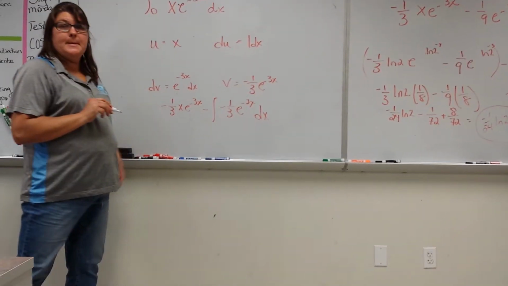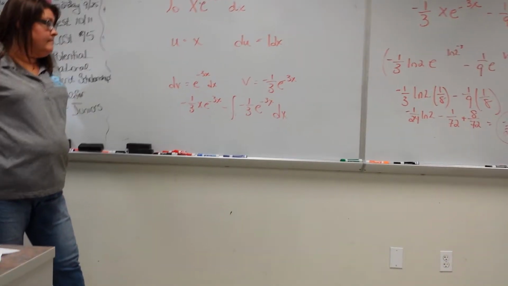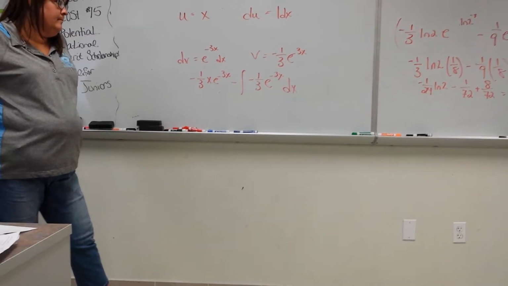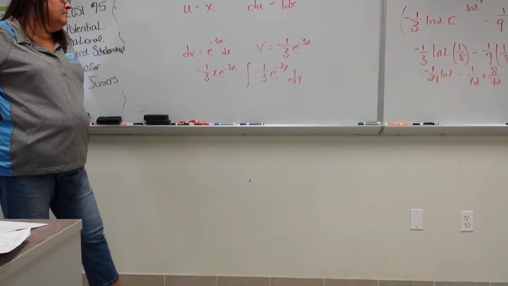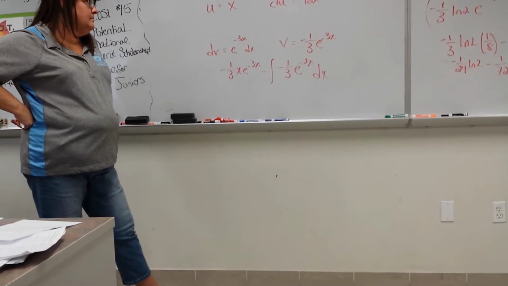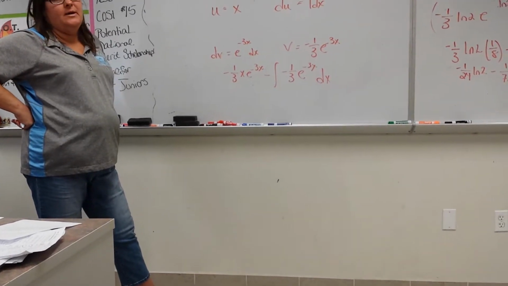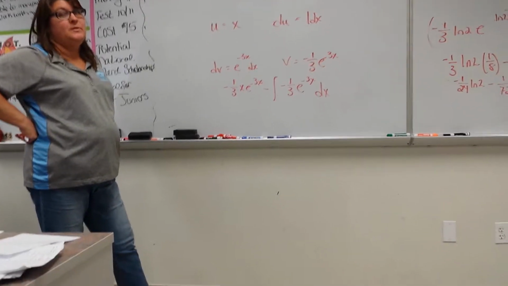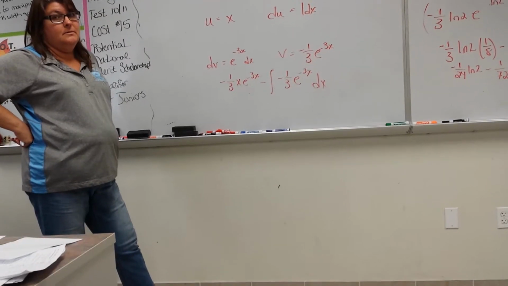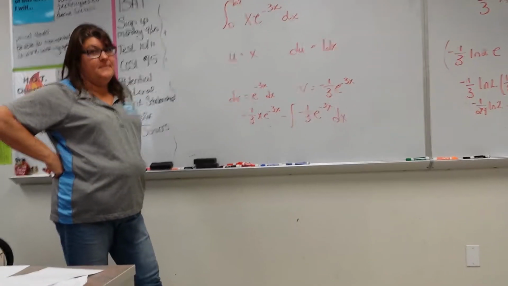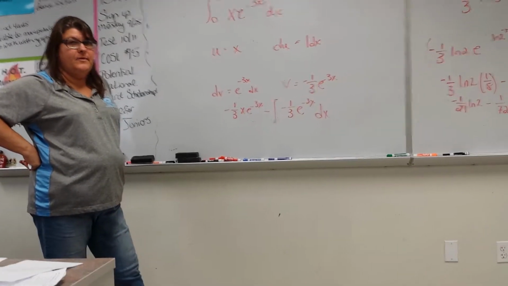This okay? I thought when you did the v that it would be negative 3 e to the negative 3x. Don't you take the derivative of the exponent and stick it in the front? But remember, we're integrating, so we pull out its reciprocal and put it on the bottom. Does that make sense? That's where the 1/3 comes from.